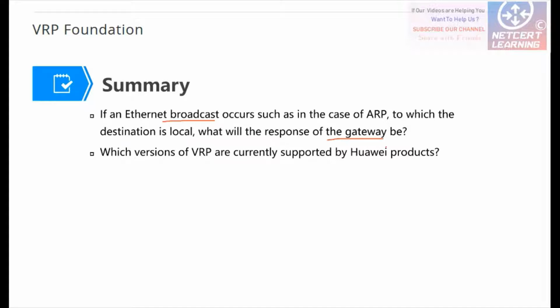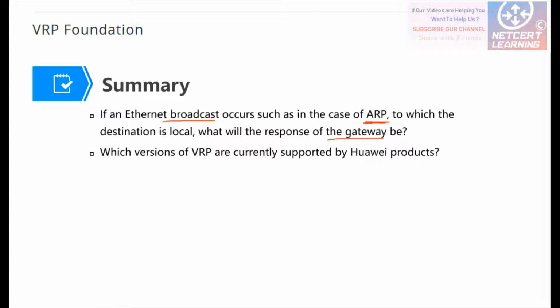The result of the processing depends on the broadcast. For example, in the case of ARP, ARP sends a broadcast to resolve the destination IP address. If the destination IP address is not the gateway, the gateway receives the broadcast, analyses it, finds the destination is not itself, and drops it.